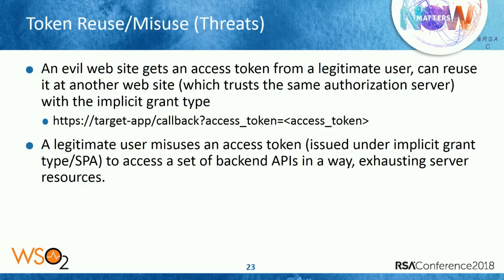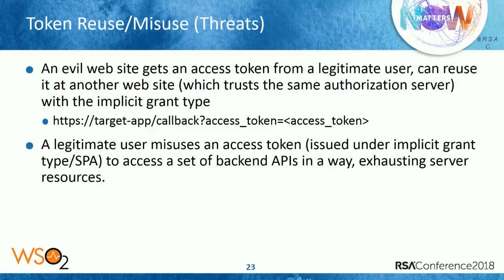So this could happen at two ends. One is at the client end, the other is at the resource server side. This is at the client side. To prevent this, when you get an access token from a user through an authorization server, the client application has to talk to the introspection endpoint of the authorization server, or any kind of endpoint which sends back the metadata related to the access token, and get the client ID corresponding to that access token.